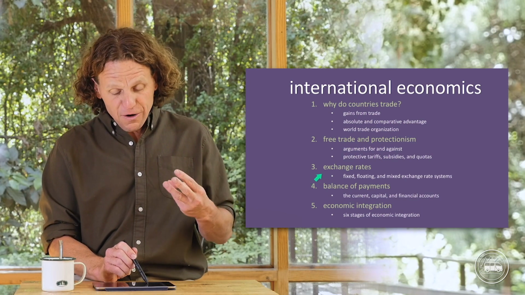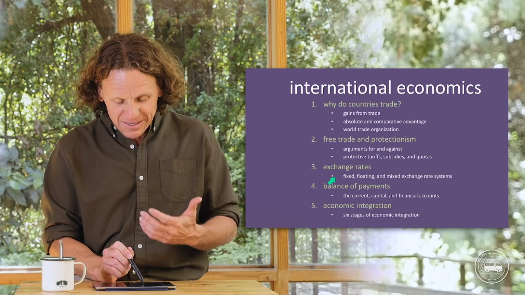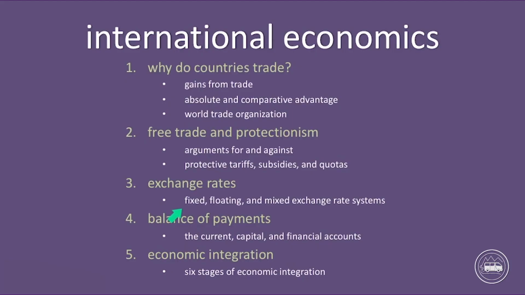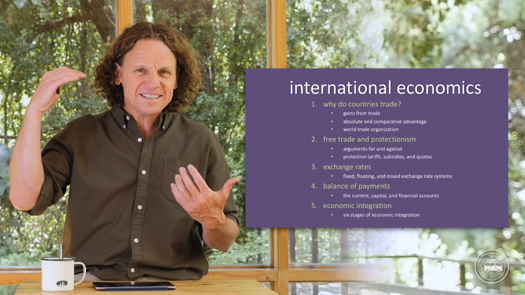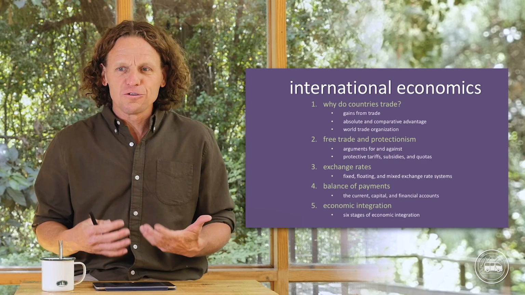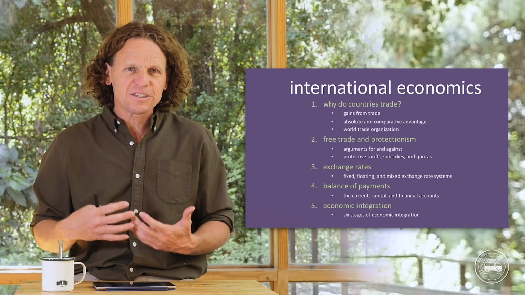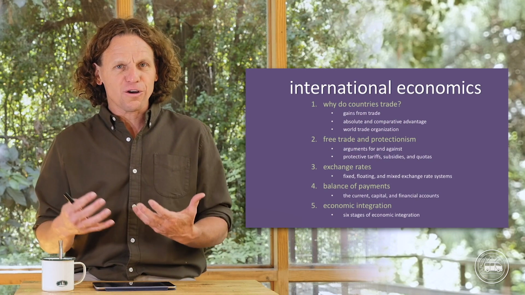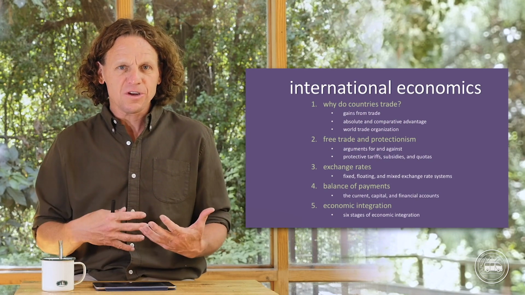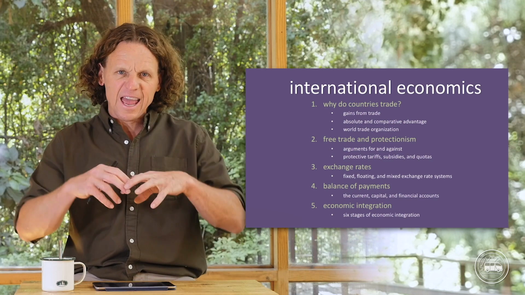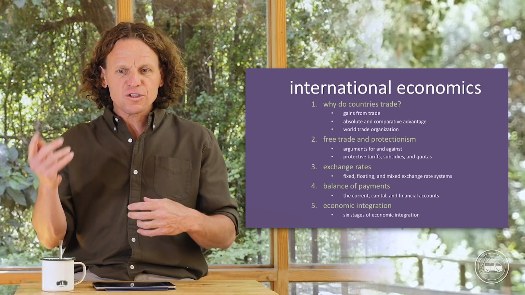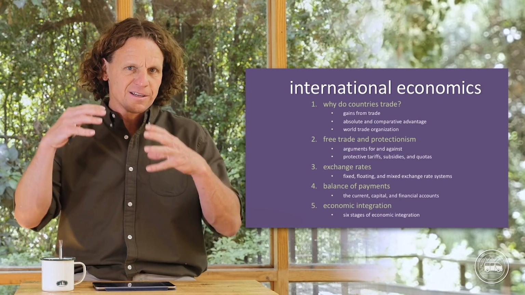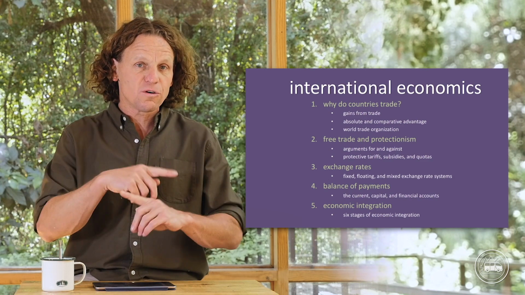Then the third one is even cooler because it looks at exchange rates: fixed exchange rates, floating exchange rates, managed exchange rates. This is the stuff that goes on at the highest level of government institutions, central banks, and governing bodies who decide how our currency is impacted by trade. You have to realize that every little thing that is sold between nations impacts the exchange rate between those countries.